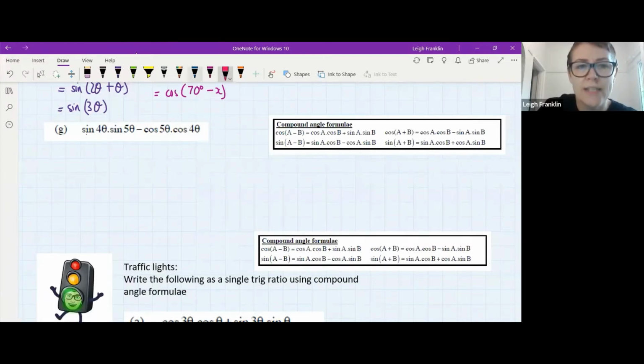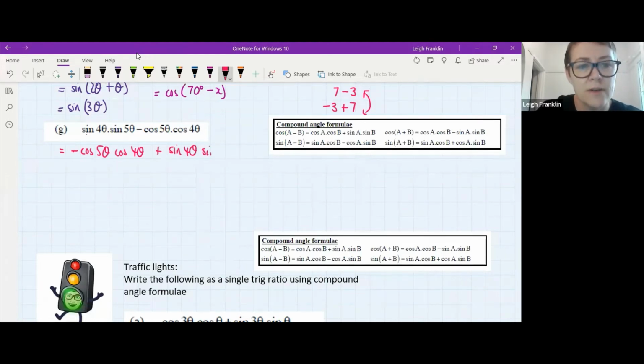So I'm doing what Casey said and swapping them around, in the same way that if I write 7 minus 3, and then Coco comes along and says, okay, well what about minus 3 plus 7? These two statements are identical to one another. I've just changed the order of the terms. So I'm writing minus cos 5 theta, cos 4 theta, plus sine 4 theta, sine 5 theta.